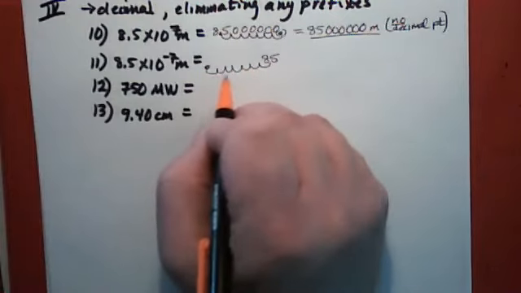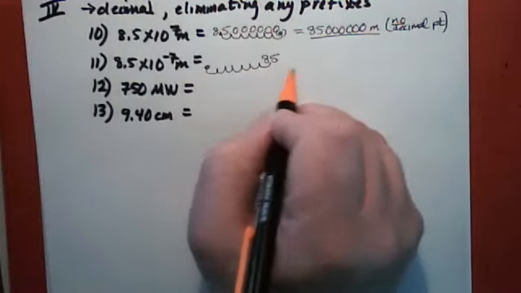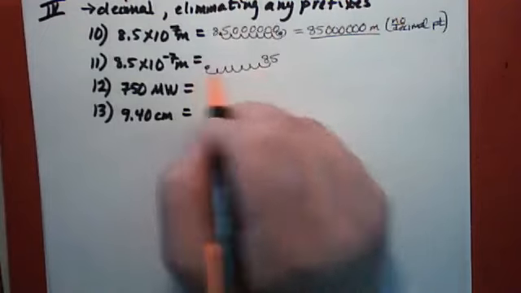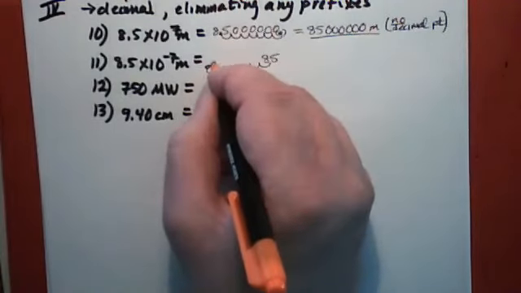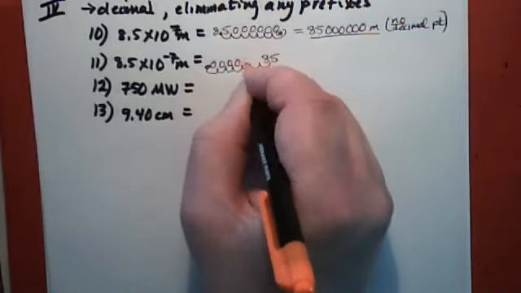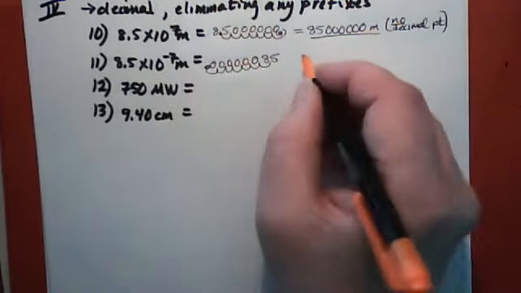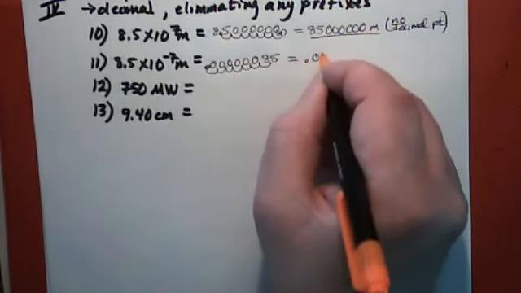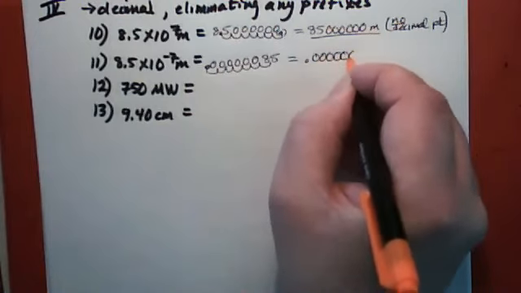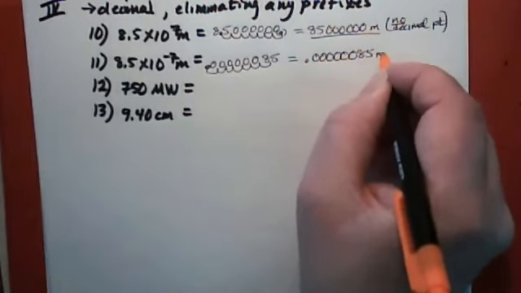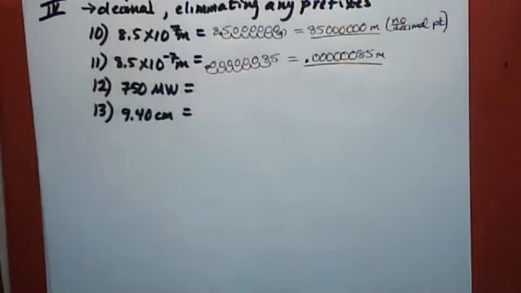Doesn't matter. And so this number will still be 2 significant figures no matter how many zeros you put in front of it. So that's 1, 2, 3, 4, 5, 6 zeros. And there you go.